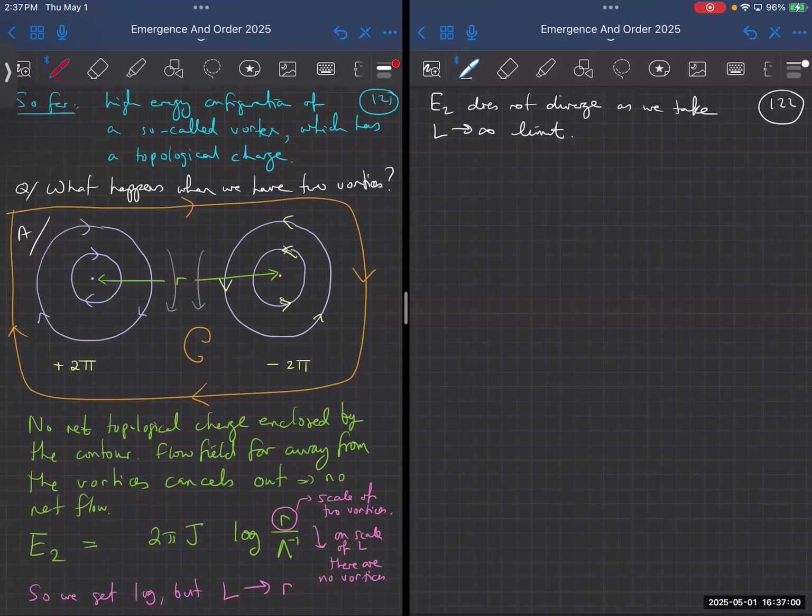Okay, so what I want to do now is work out the free energy of vortices.